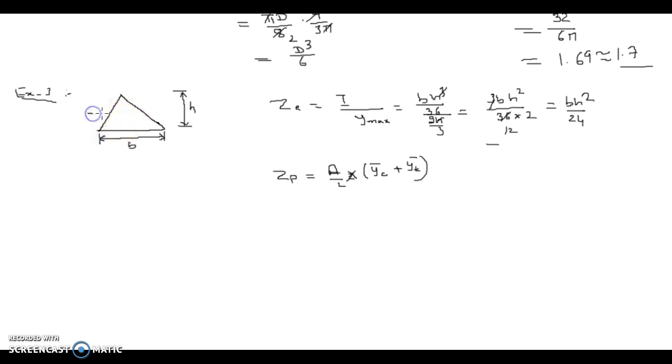Remember what is equal area axis? It is an axis which divides the area into two equal parts. So the total area of the triangle is equal to half into base into height. I am looking for an equal area axis, where this will be cut down.